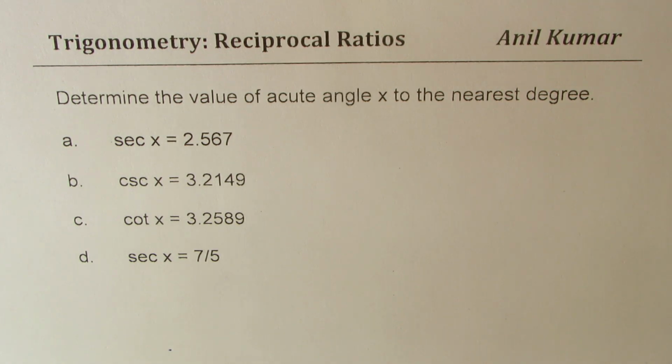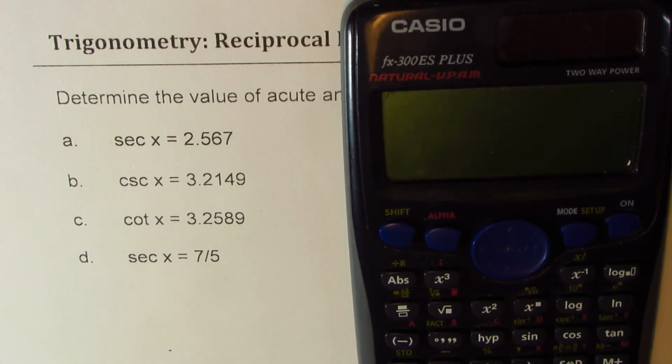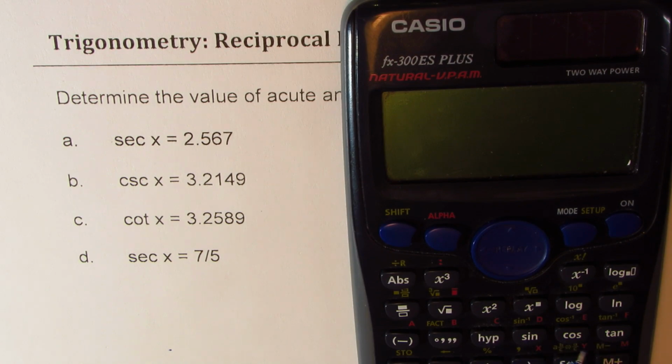Now on a calculator, we are given only sine, cosine and tan, and therefore sometimes it becomes difficult to find the angle when the reciprocal of these primary trigonometric ratios is given to us.